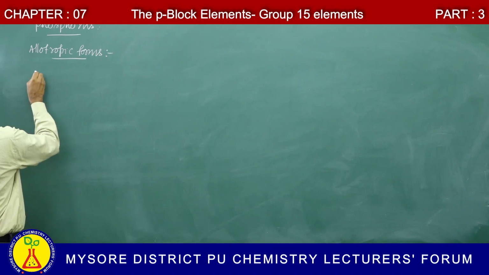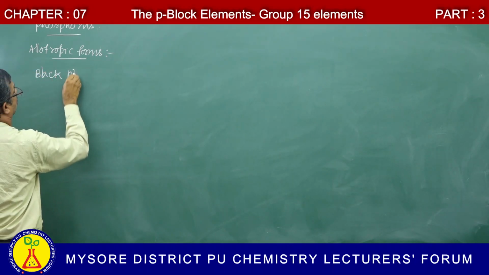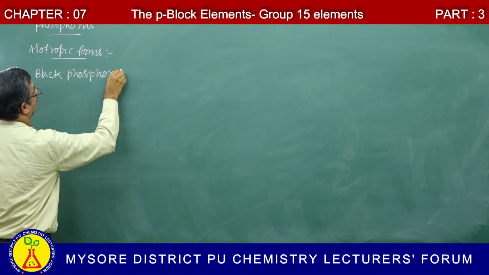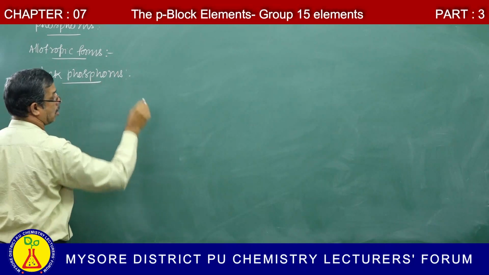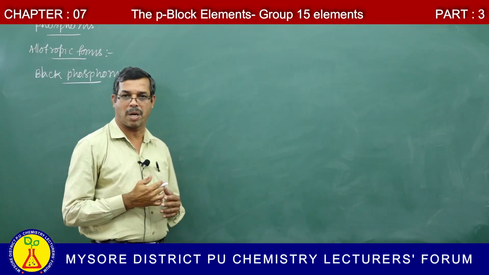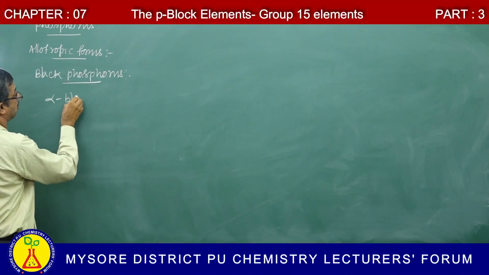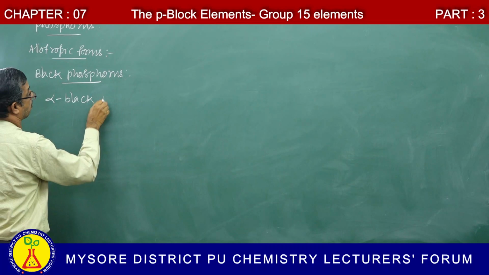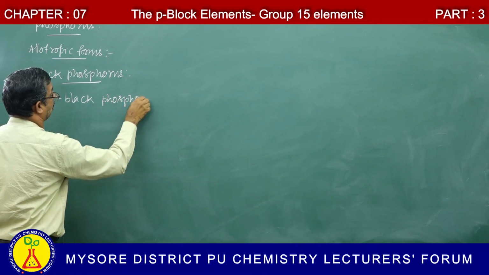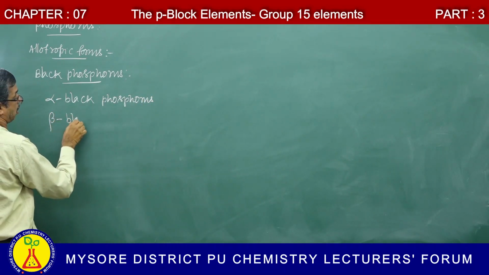Next, black phosphorus. There are two forms of black phosphorus. One is alpha black phosphorus and the other is beta black phosphorus.